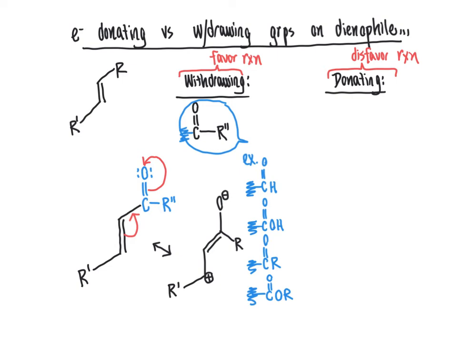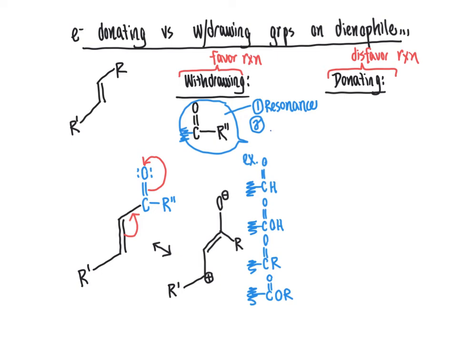It is also electron withdrawing by induction due to the fact that there is that electronegative oxygen atom present here that will be, by virtue of its high electronegativity, pulling electron density toward itself. So this group is electron withdrawing for the primary reason of resonance, that it's moving electron density toward itself and away from the rest of the molecule when we draw the second resonance structure for it.